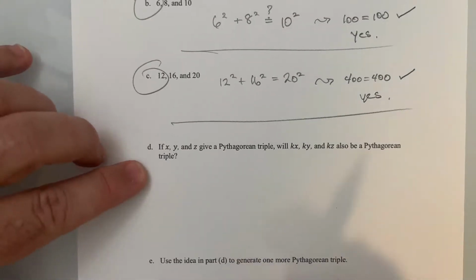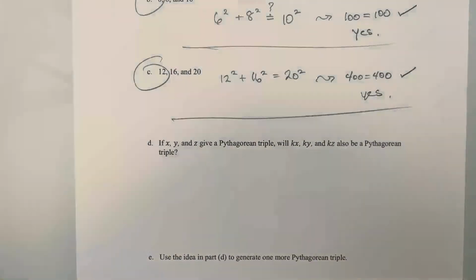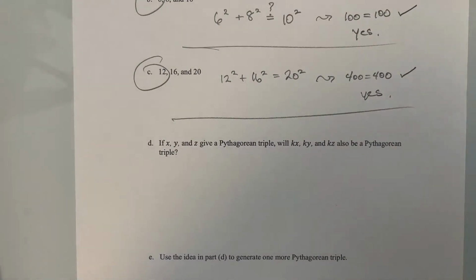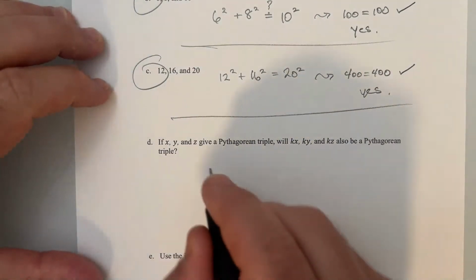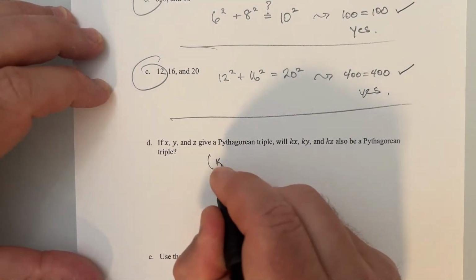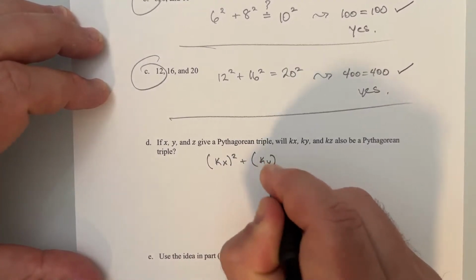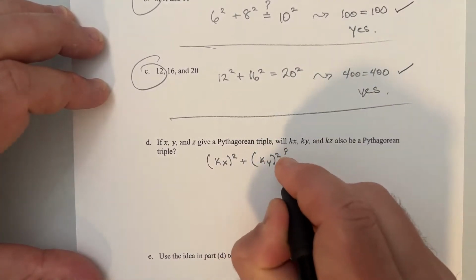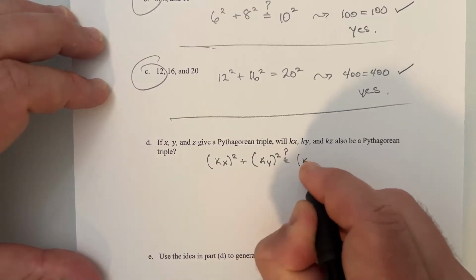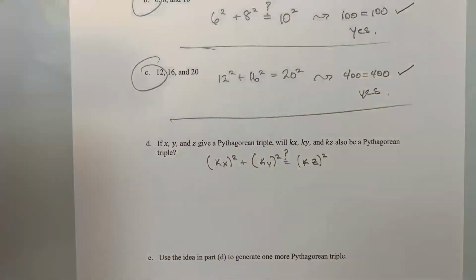Okay. If x, y, and z give a Pythagorean triple, will x multiplied by k, y multiplied by k, and z multiplied by k also? So we have this to check. If this is true, then yeah.